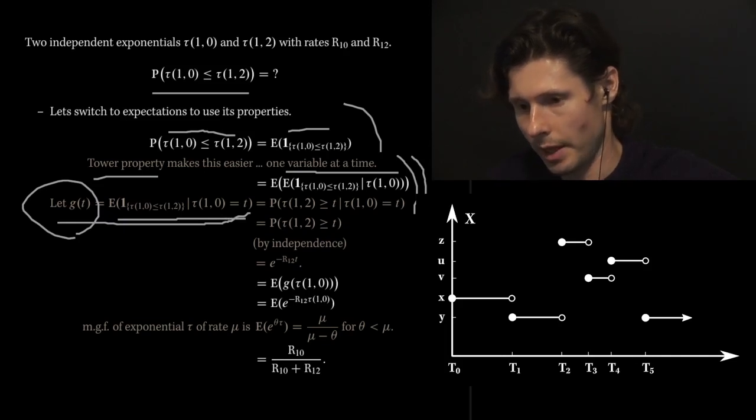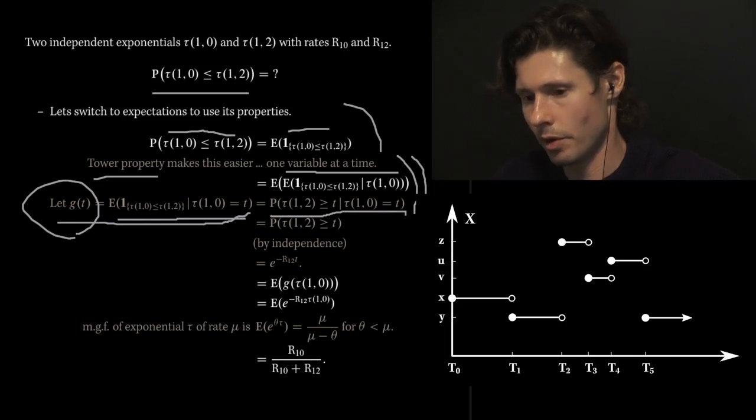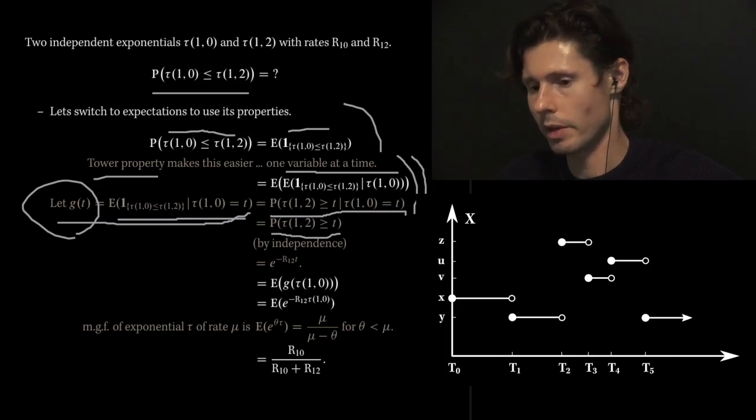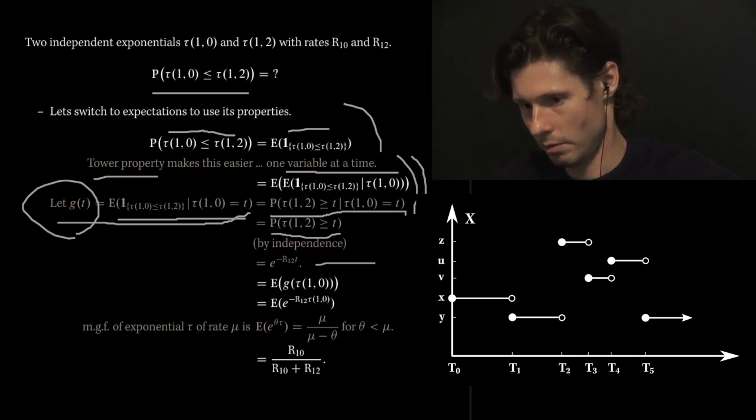So what is that? It's the same thing as this probability, and further, by the fact that the clocks were independent, it's just the probability that tau 12 is greater than t, and we know what that is. We know the rate of tau 12. The rate of tau 12 is R12, and so you get this formula for the inner expectation in the tower property right there.